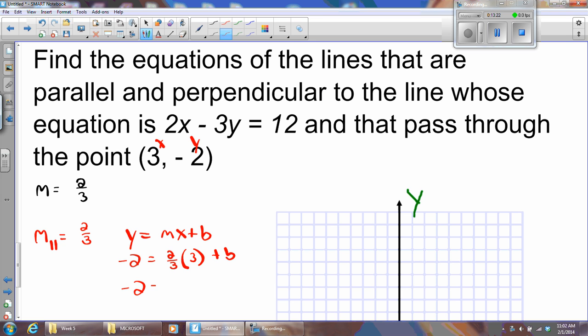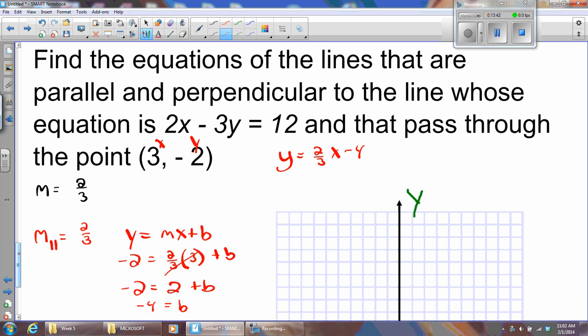So negative 2 is going to equal 2 plus b. Those 3's cancel, right? And so b is going to equal negative 4. So my parallel equation in slope-intercept form is going to be y equals 2/3 x minus 4.